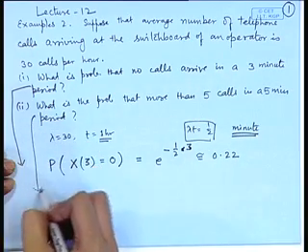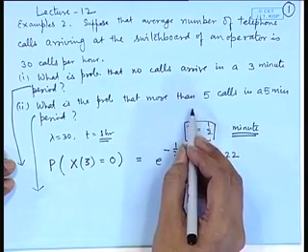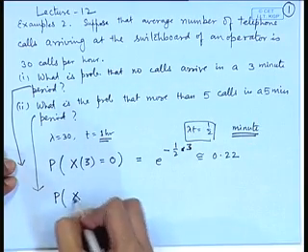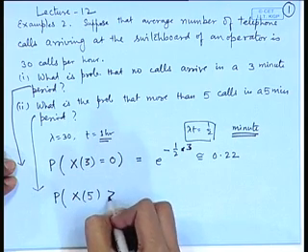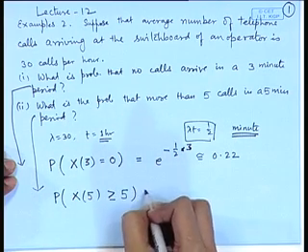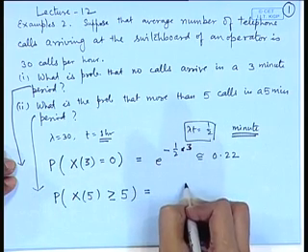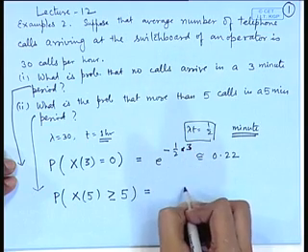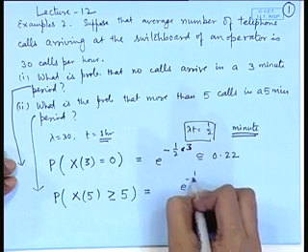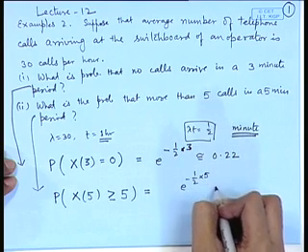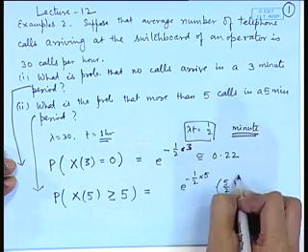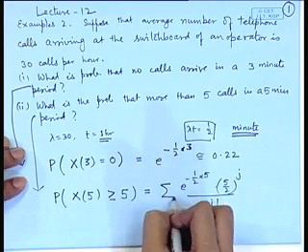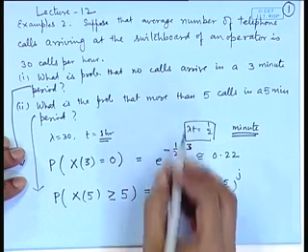In the second one, what is the probability of more than 5 calls in a 5-minute period? That means, in a 5-minute period, X5 greater than or equal to 5. Here the Poisson distribution will have half into 5. So, e to the power minus half into 5, then 5 by 2 to the power j by j factorial, and summation over j for more than 5 calls.